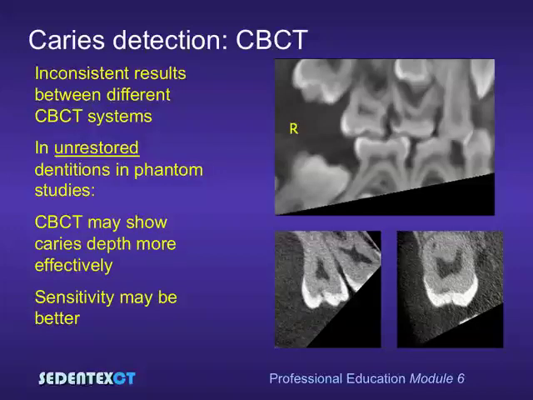So this raises the question, should we be performing cone beam CT examinations to diagnose dental caries? Well, of course, the radiation dose is higher with cone beam CT, even with small volume CT machines. The cost of the examination is higher economically, but one important practical point is the artifact problem.